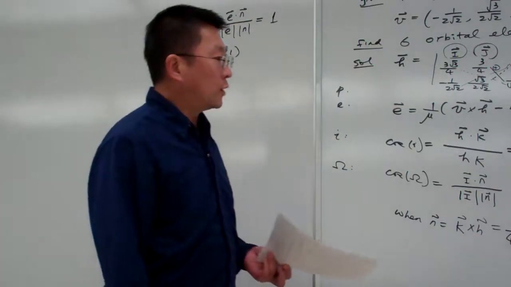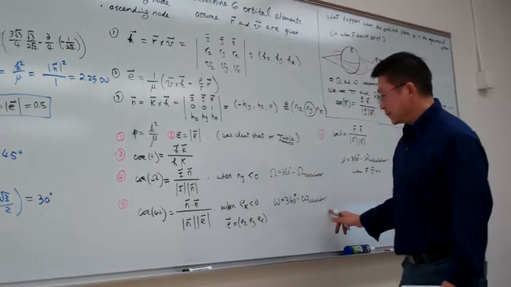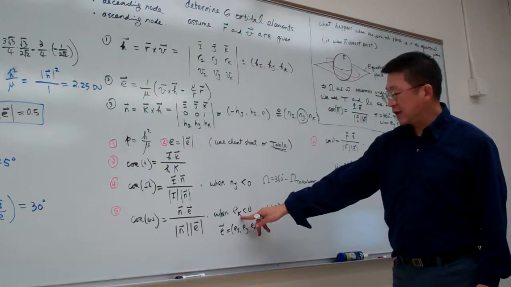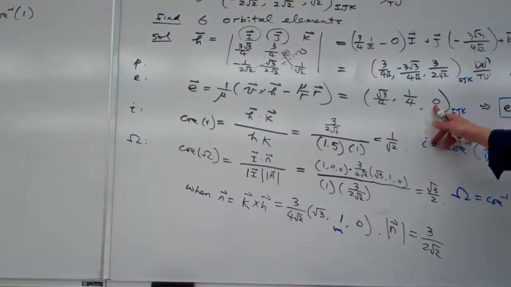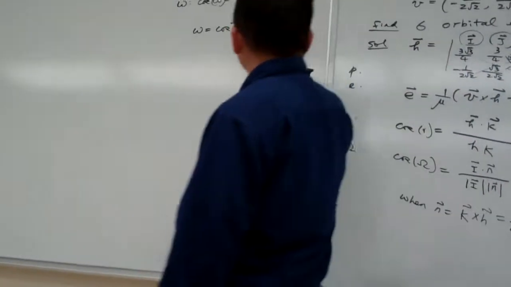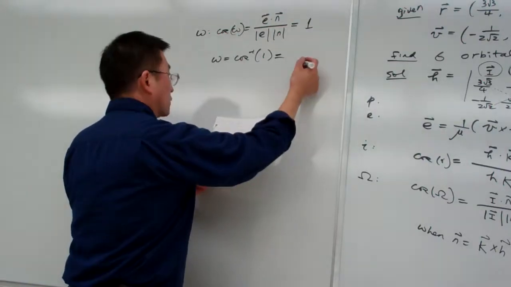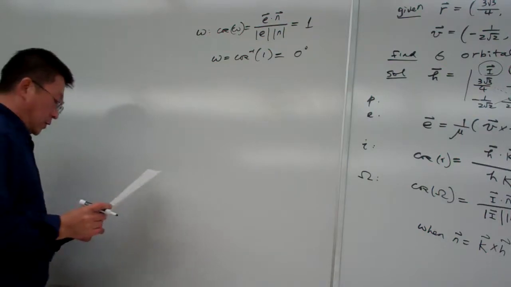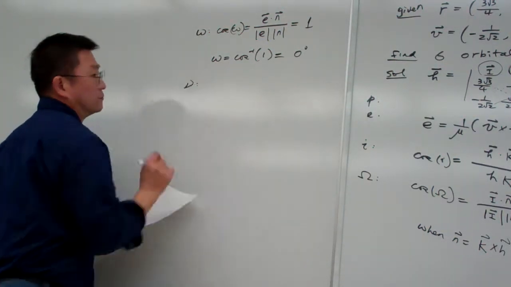And again, we need to check if we need this kind of handling. So we want to see if the k component of E vector is 0. So that's okay. So simply we take whatever the calculated result, and that one will be equal to 0 degrees here. Okay.